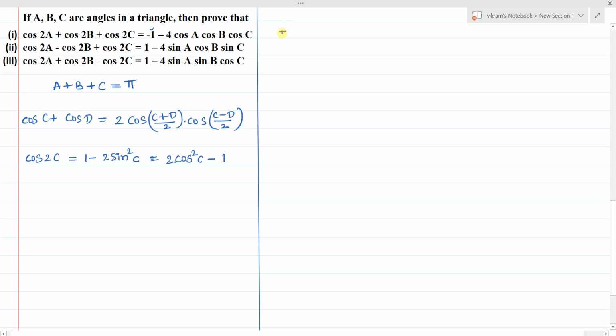Next question is, consider the LHS of the second question. What is cos 2A minus cos 2B plus cos 2C? Now use cos C minus cos D for the first two terms. The formula for cos C minus cos D is equal to minus 2 sine of (C plus D) by 2 into sine of (C minus D) by 2.